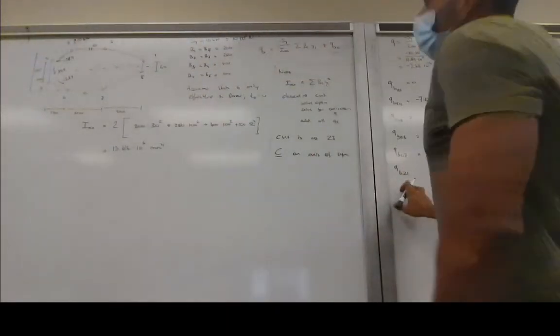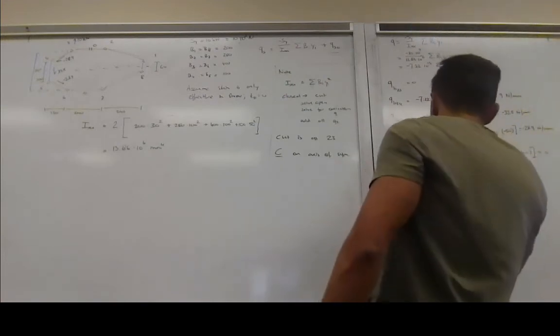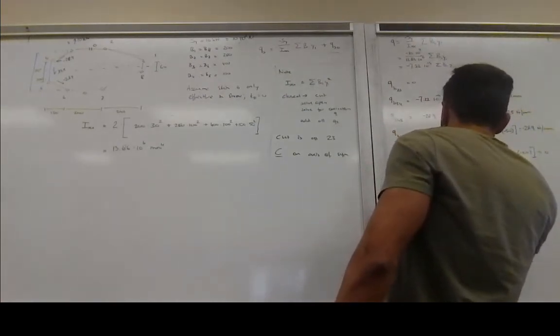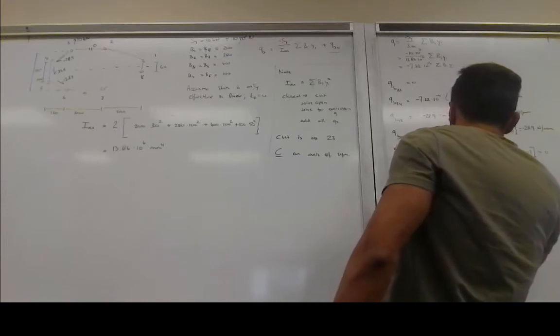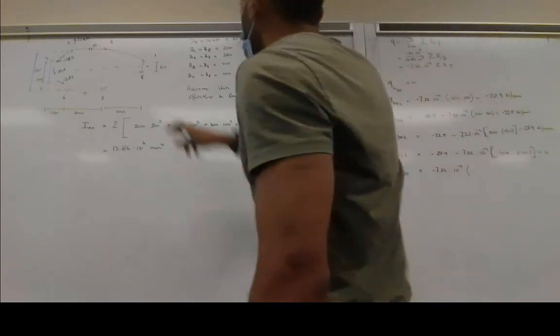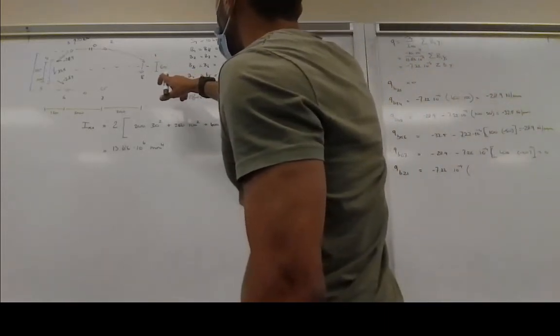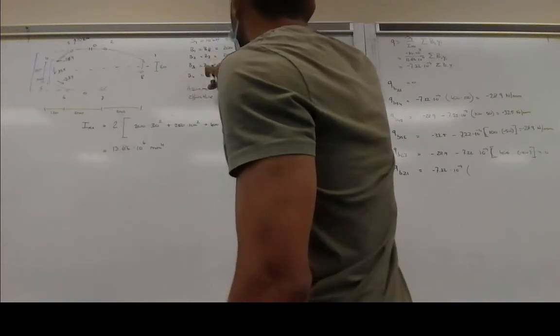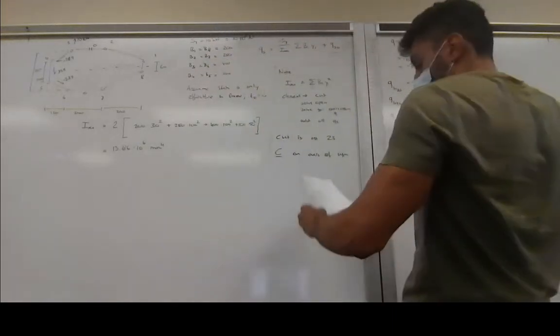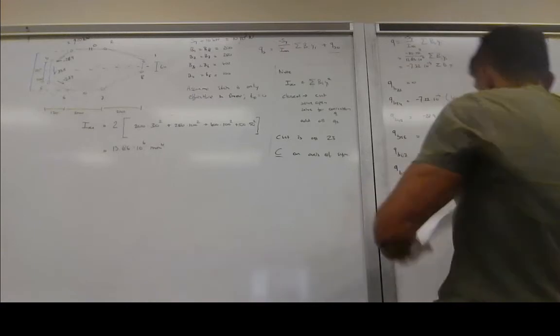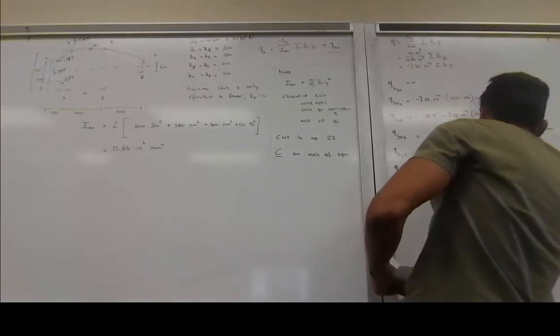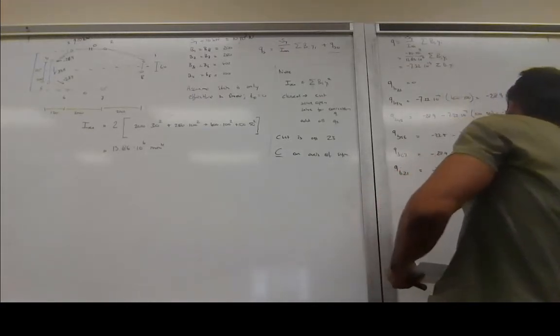So again, we do 2, 1. So we start at 0, so we get negative 0.722, 10 to the minus 4. And then B2, that's 250. Yeah, 250. And then multiply by 100, because that's the distance.